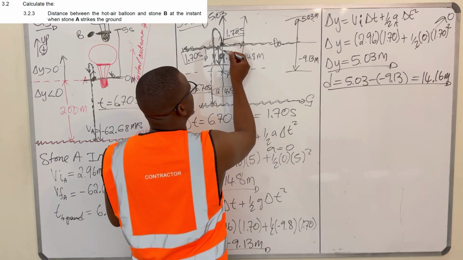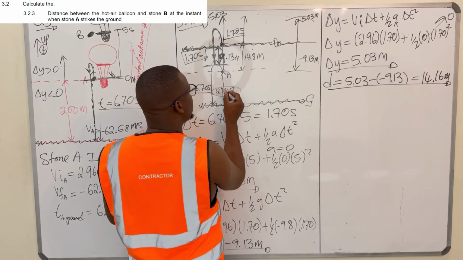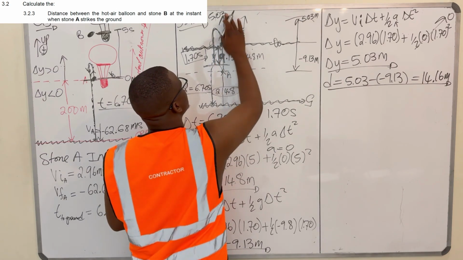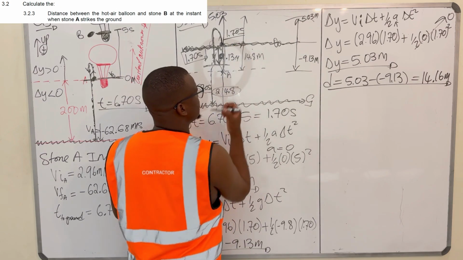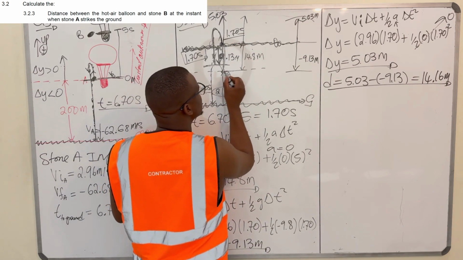The height of the stone will not be this entire height, but this height up to this point. Then you subtract that 9, and you get where the stone is sitting.